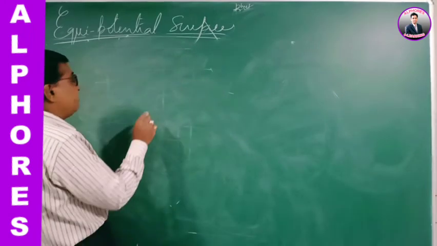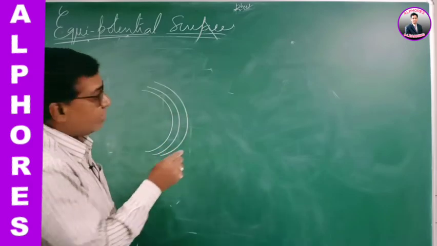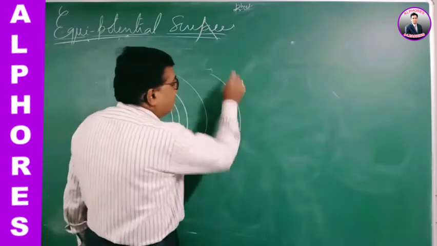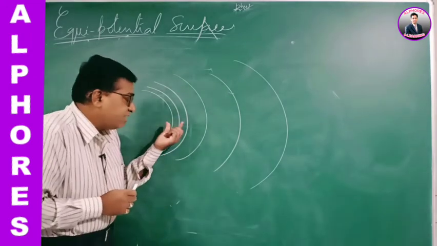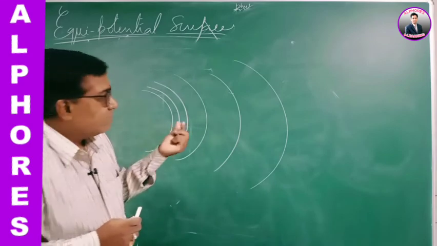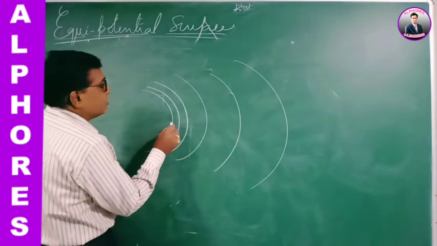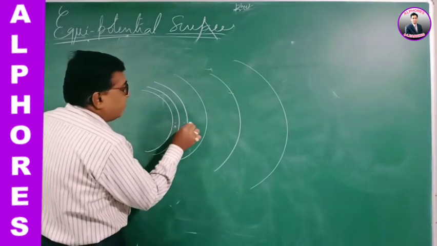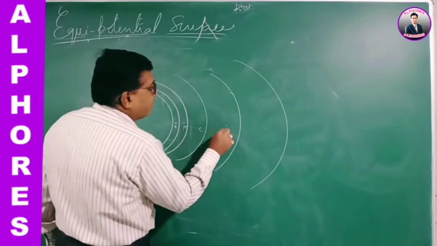Now again, whether the equipotential surfaces are nearer or far away, by this you can judge the strength of the field. If the equipotential surfaces are nearer, then the field is said to be strong. If the equipotential surfaces are far away, then the field is weaker. Suppose I consider points A, B, C, D, E, the field at these points like this.